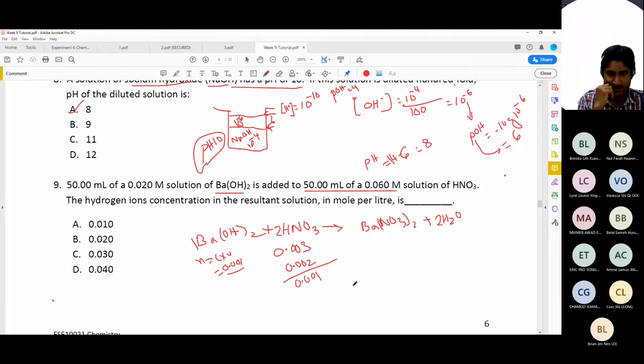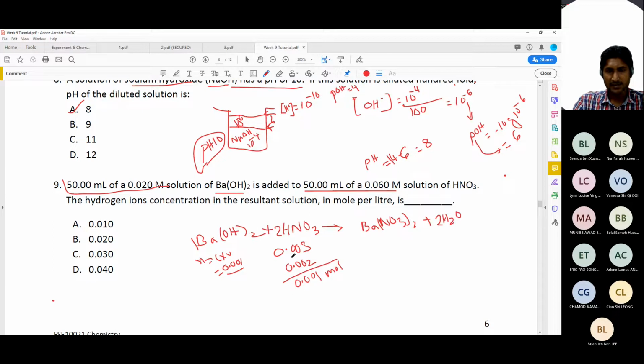No, it's correct, right? 1 mole of barium hydroxide takes 2 moles, so 0.001 moles takes 0.002 moles of nitric acid, and then at the end 0.001 moles of nitric acid is in the solution. Right? Munib, what I meant is that the number of moles we have to find from here for barium hydroxide, we found 0.001, right?